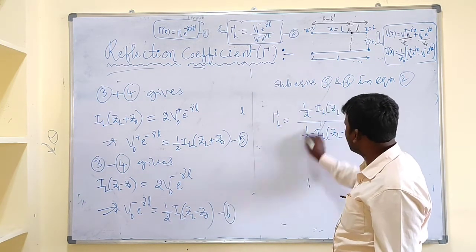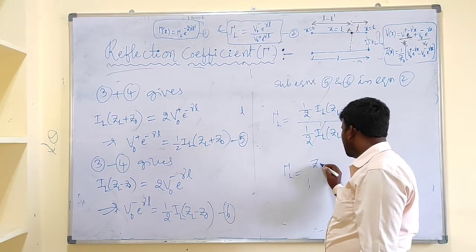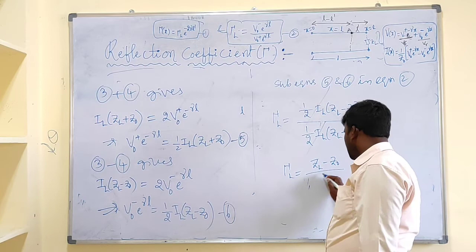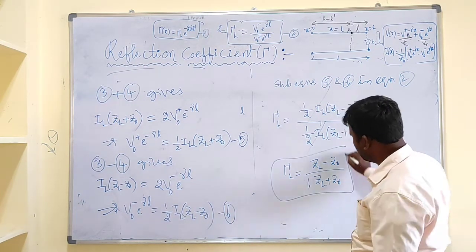So this 1 by 2 IL cancelled out, and gamma L equals ZL minus Z naught by ZL plus Z naught.